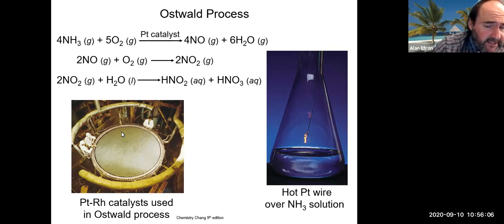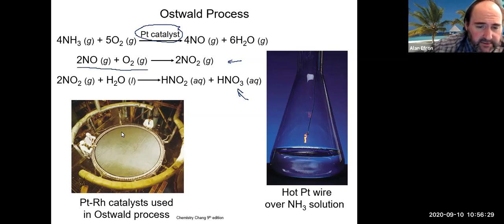And this is the process of making nitric acid, and a platinum catalyst is used. Here, again, we have some ammonia, some O2, and it's a stepwise mechanism. The nice thing about this stepwise mechanism is, as you can see, we make some NO2.